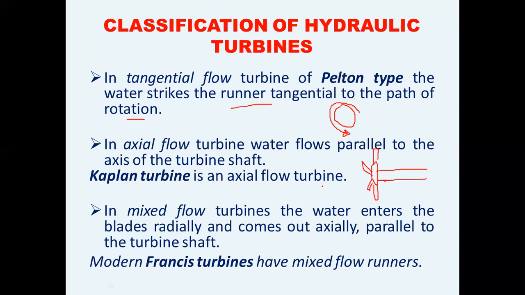So the water jet which is going to strike on this turbine, the water will flow parallelly to the shaft of the turbine. Next, in mixed flow turbine, the water enters the blade radially and comes out axially parallel to the turbine shaft. So that is nothing but your mixed flow turbine.